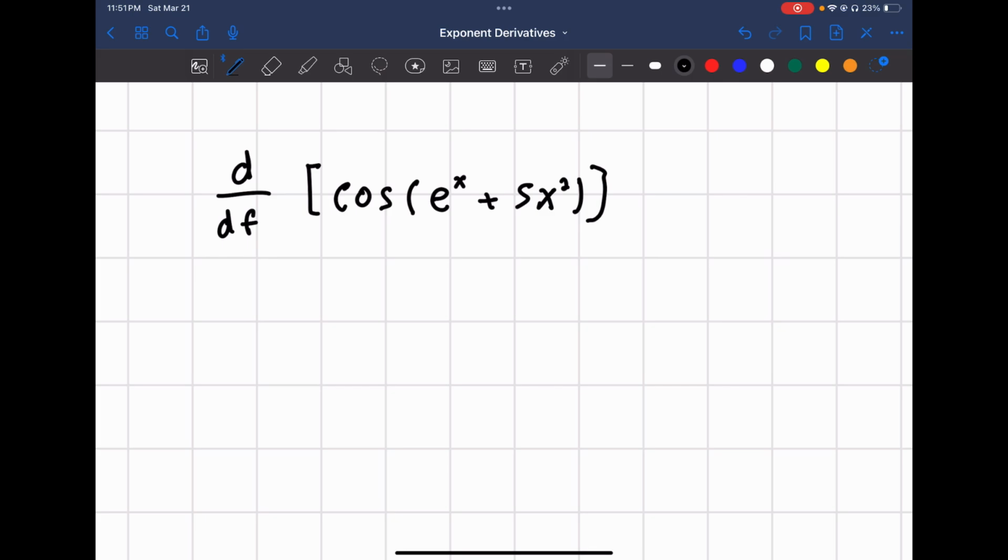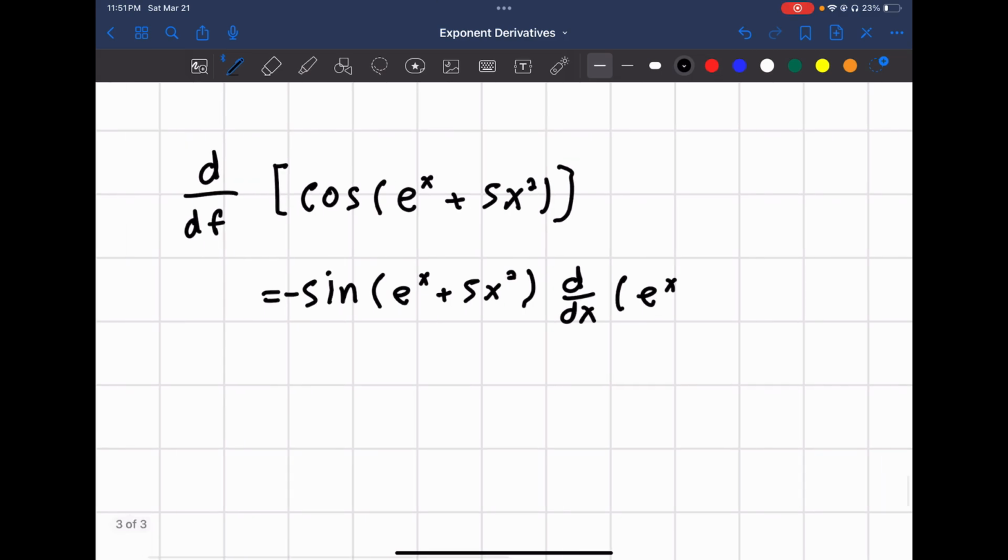So it would be equal to minus sine, and then everything on the inside, so e to the x plus 5 times x to the power of 2, and then times the derivative of everything on the inside. So e to the x plus 5x to the power of 2.